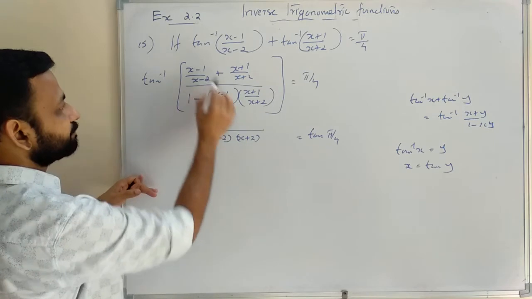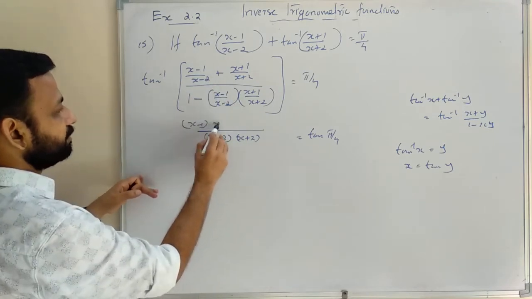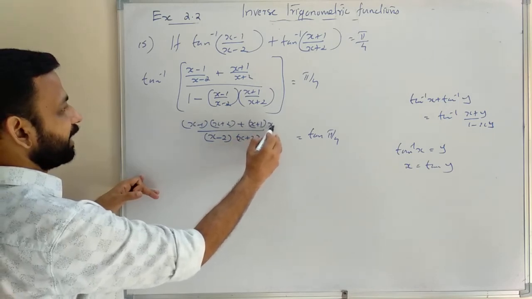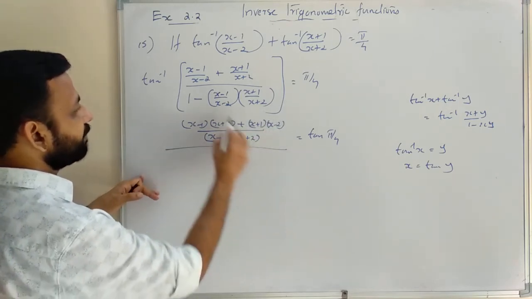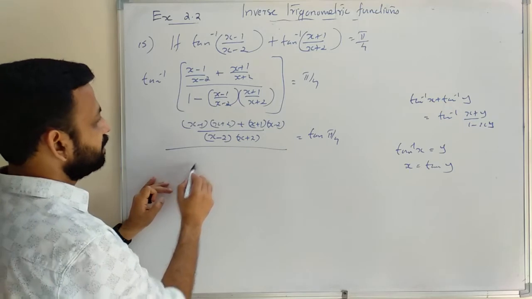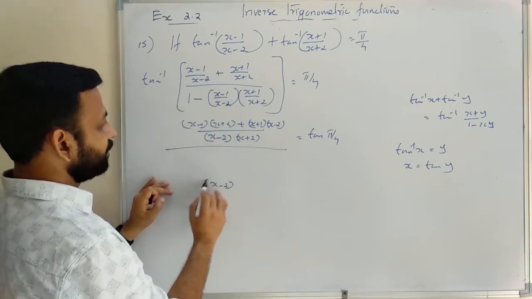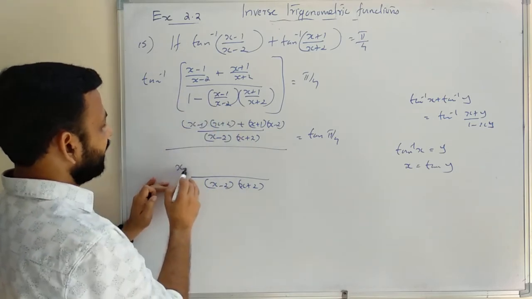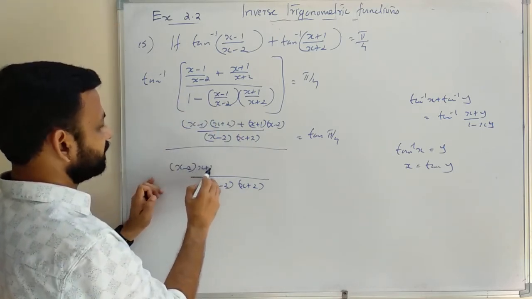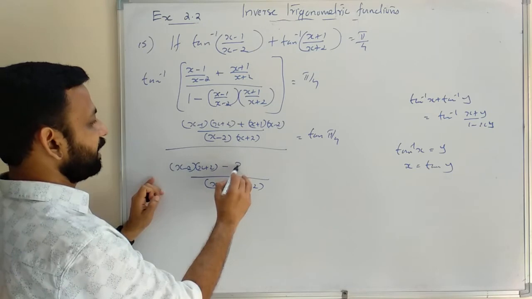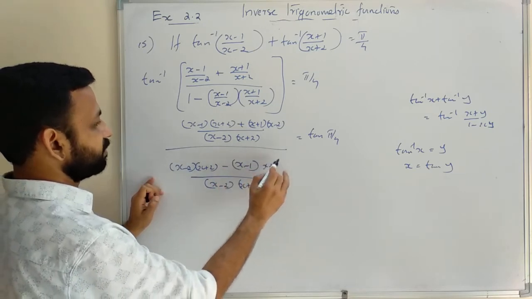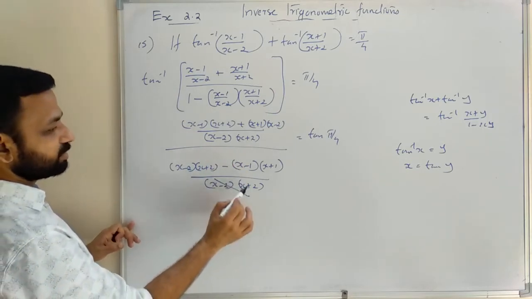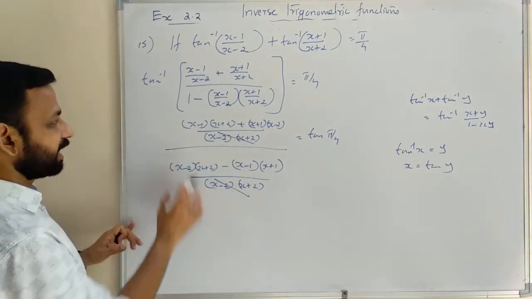The numerator is x minus 1 into x plus 2 plus x plus 1 into x minus 2, all divided by the LCM x minus 2 into x plus 2, with numerator x minus 2 into x plus 2 minus x minus 1 into x plus 1, equal to tan pi by 4. And here x minus 2 into x plus 2 cancels.